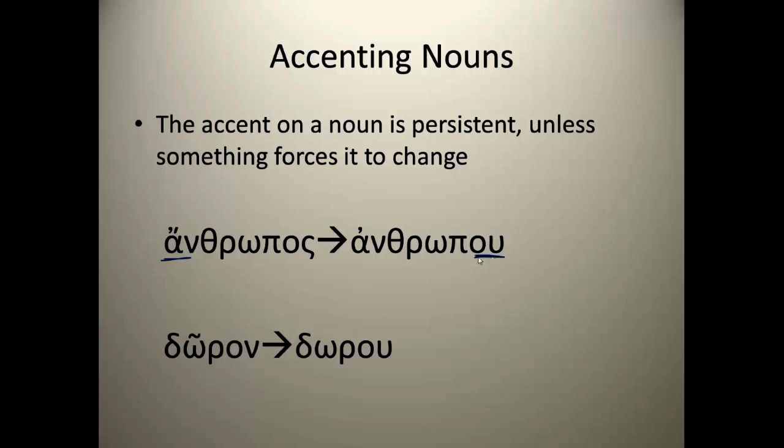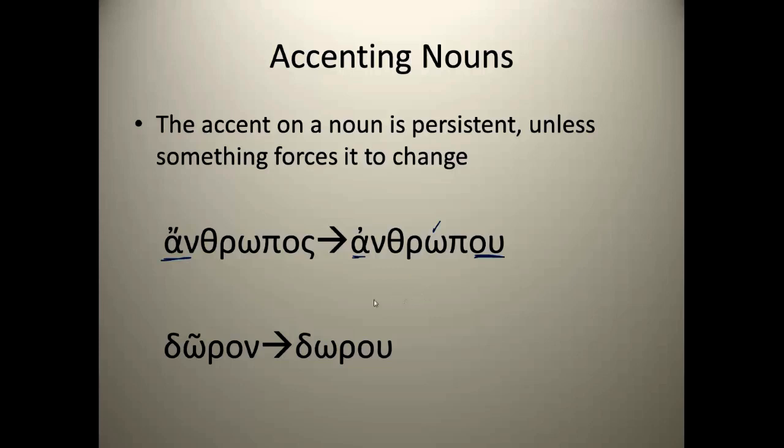And you'll remember from rule 1.1 that if the last syllable is long, the accent can only go on the last two, or it can't go on the third from the end. So it has to move from the third from the end to the second from the end. That is, it just creeps towards that long syllable.